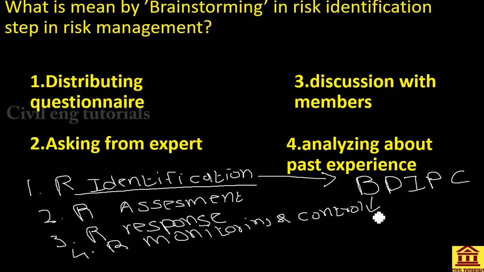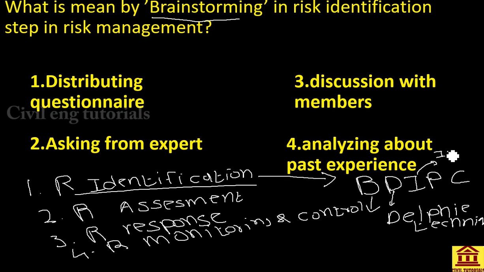In these techniques, B means brainstorming. Here is our problem about this technique called brainstorming. D is the Delphi technique. I is interview or expert opinion.